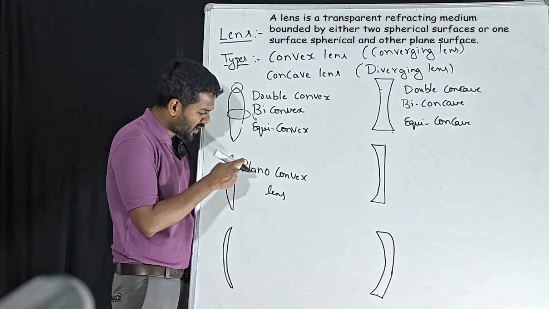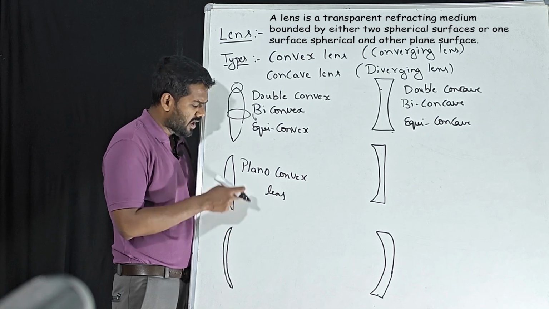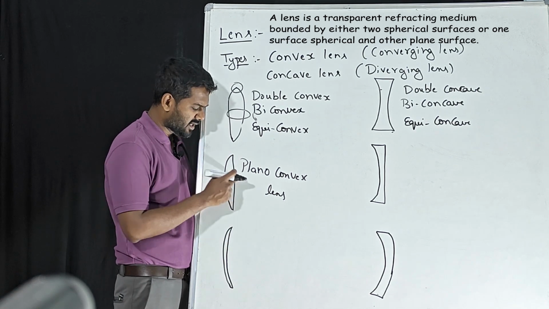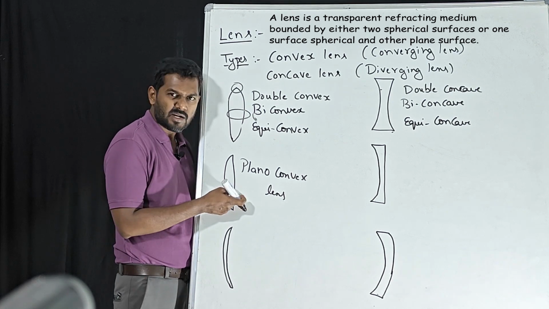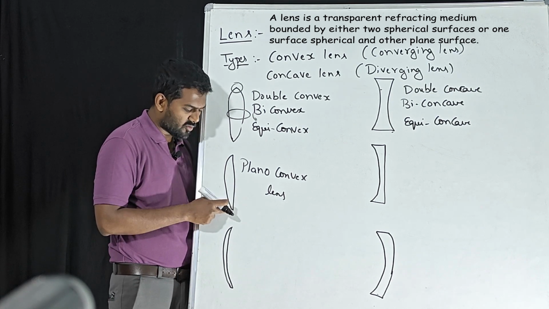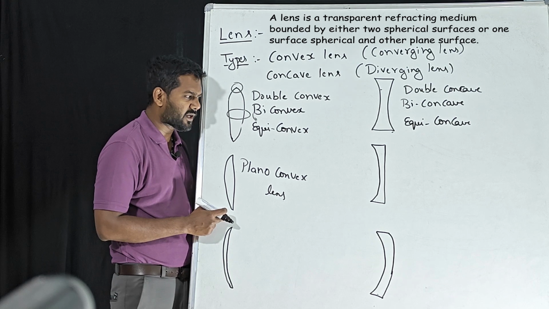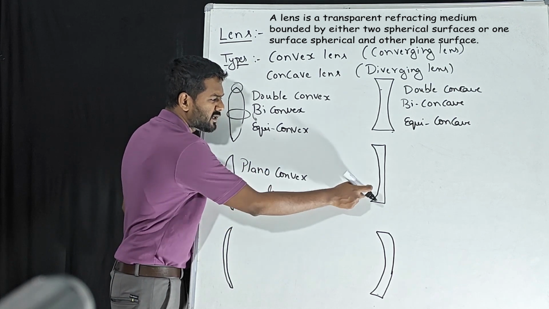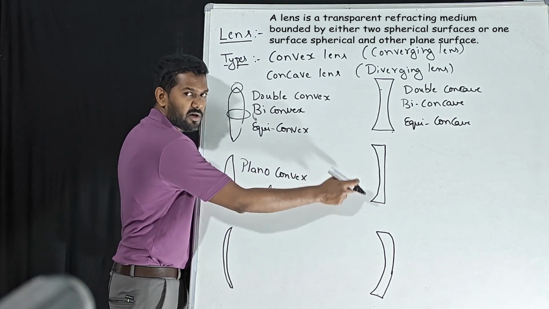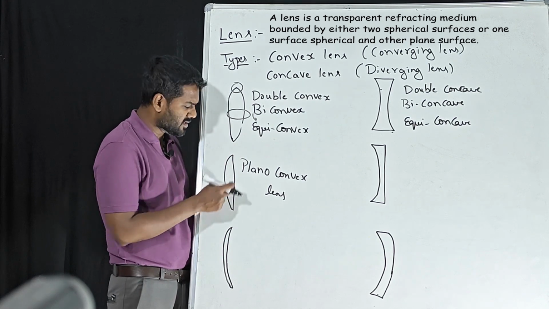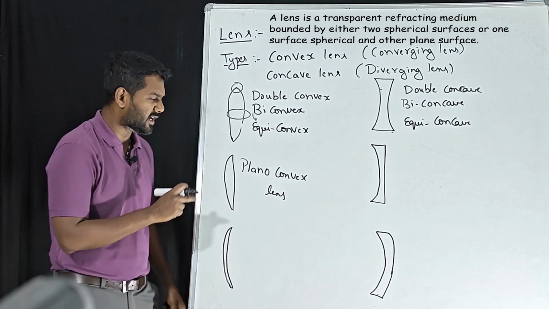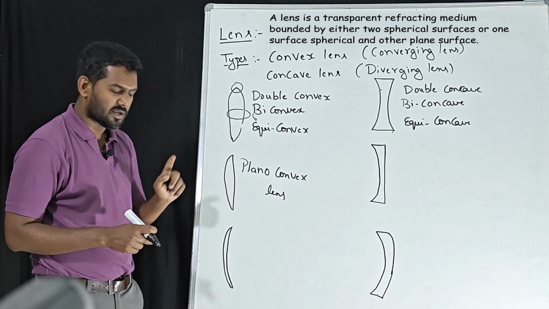Plano means one of the surfaces is a plane surface. When it comes to any lens, this is one surface, the other side is another surface. Bulging is convex, and the opposite of bulging, going inward, is concave. Here it is bulging, that is convex, and one surface is plane, so it is called a plano-convex lens.